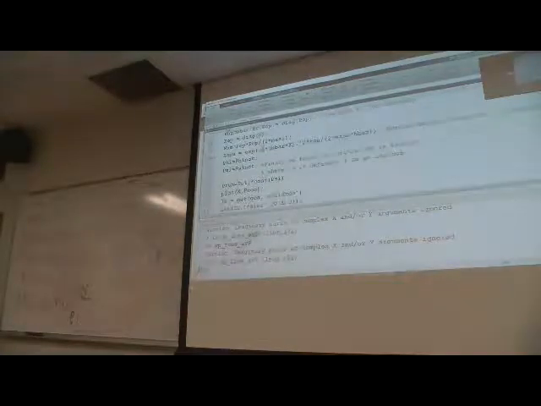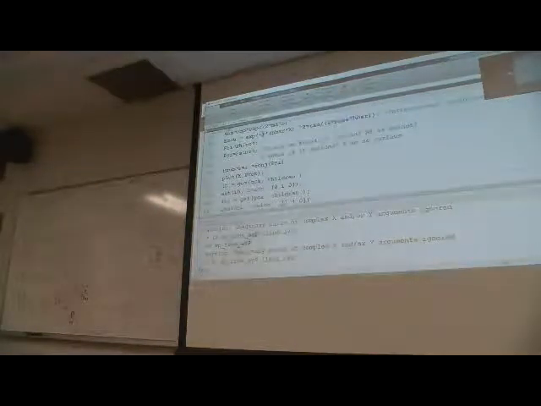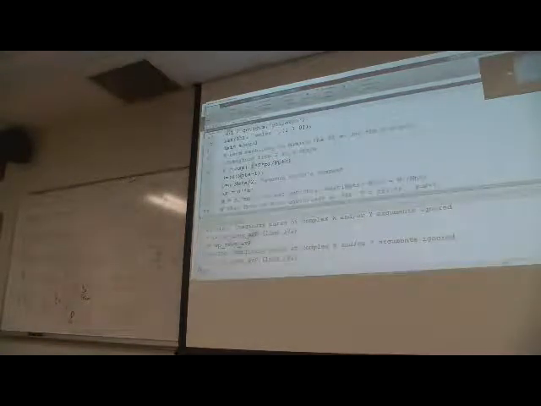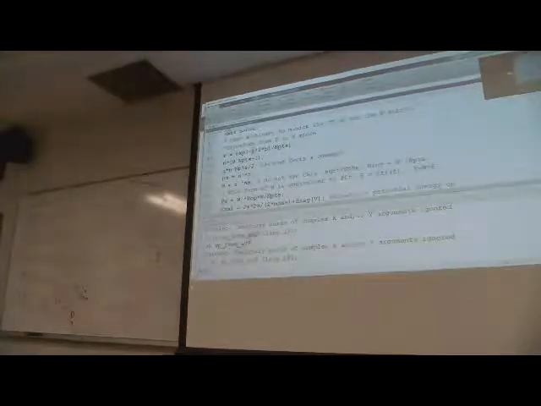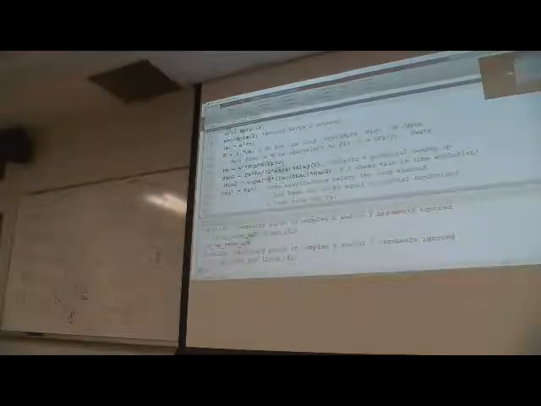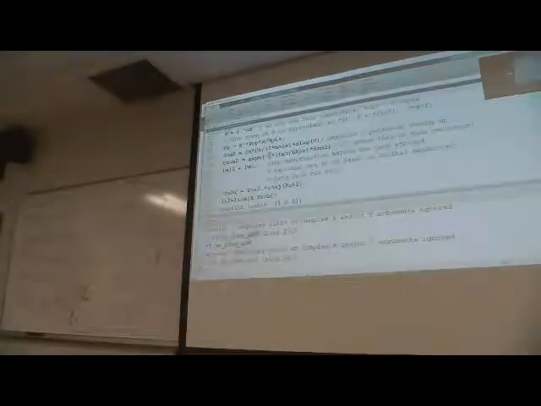Should be above G tau 2. Yes, should be above G tau 2. Let me see if there is another.